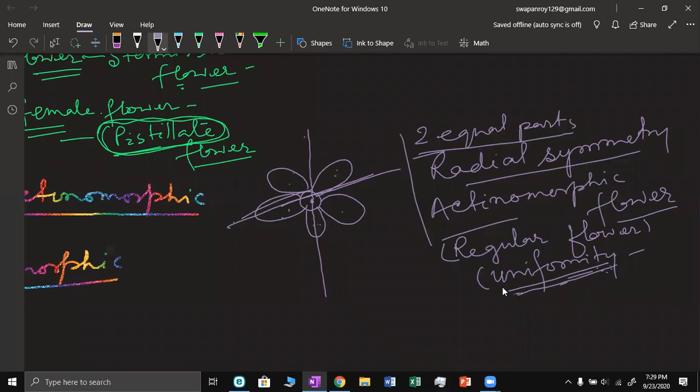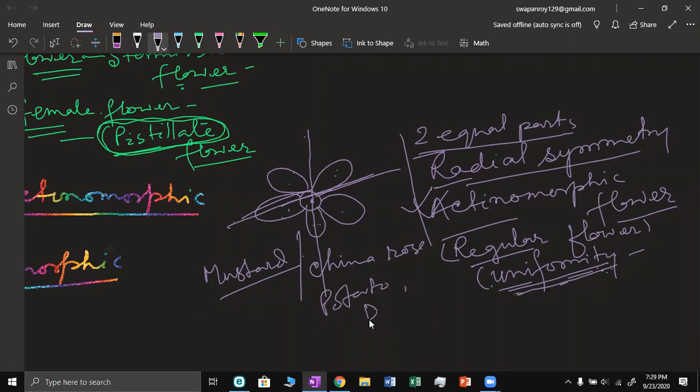So they are regular and uniform flowers, known as actinomorphic. Examples of actinomorphic flowers are mustard, China rose, potato, datura.